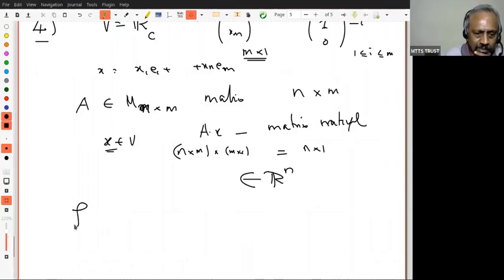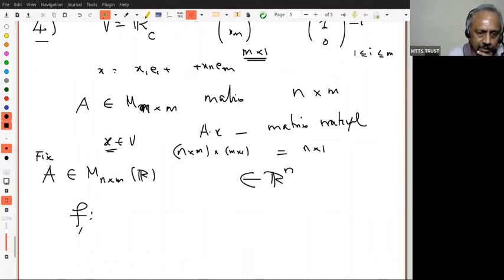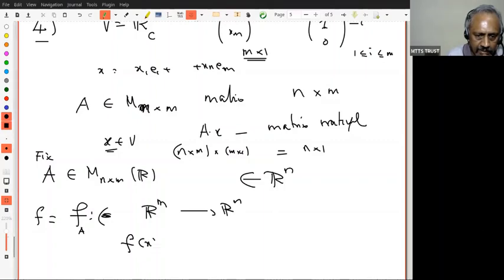So now I define a map F, given A, fixed. A is fixed. Then define a map, if you want, define F_A, but I will write it F because it will be too much to write this. F_A from Rm to Rn. F at x is A dot x.